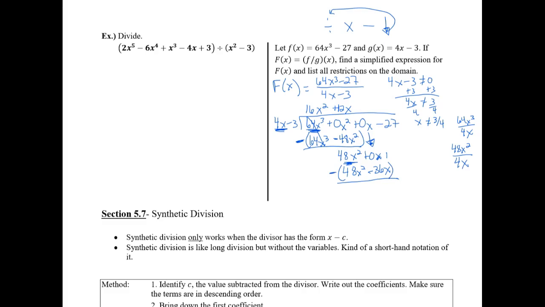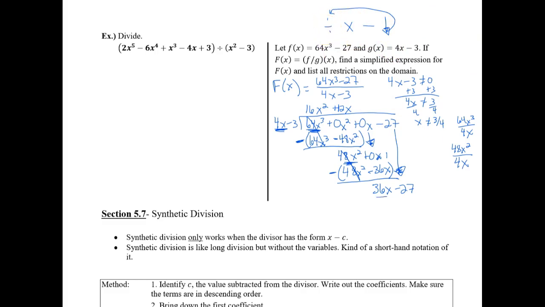48x squared minus 48x squared is 0. That needs to always be 0. And then 0x minus a negative 36x, subtracting a negative again, becomes positive 36x. Now we bring down our next term and bring it back to divide. So we divided, multiplied, subtracted, brought down the next term, and go back to divide.